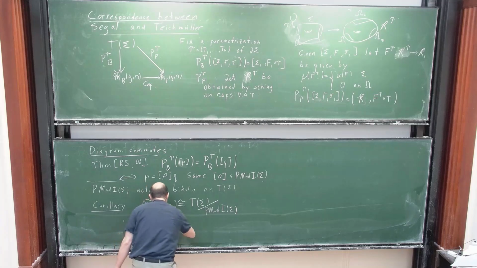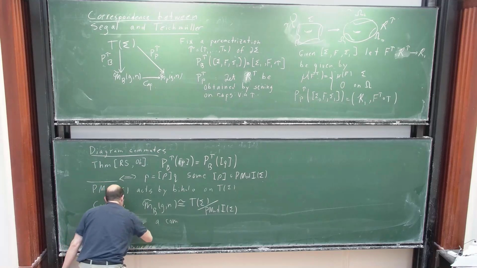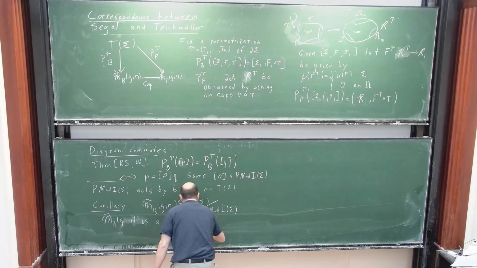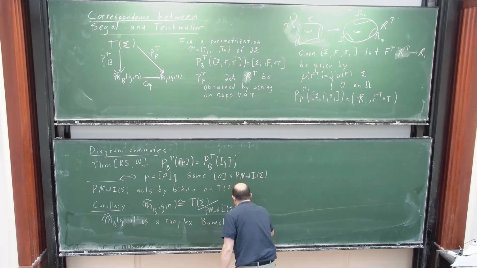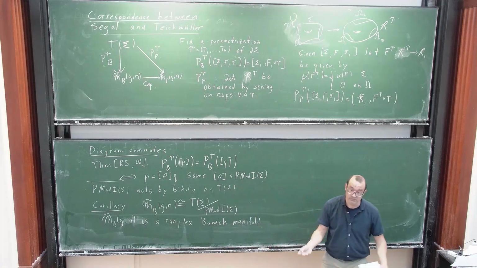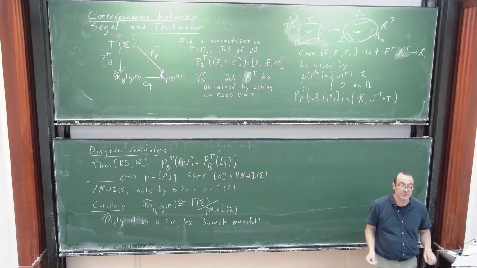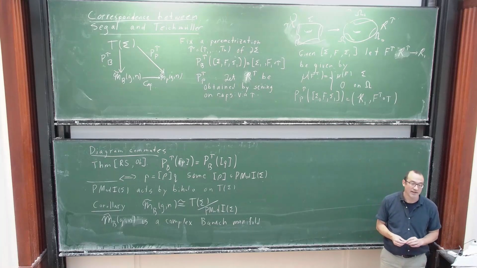It's a complex Banach manifold. So M tilde B is a complex Banach manifold. So that's the first consequence for CFT of this Teichmüller theory, Segal moduli space correspondence. Okay, I better stop. Any questions?